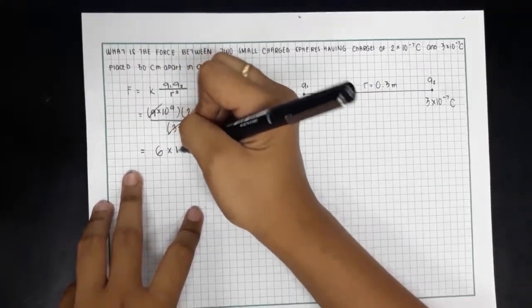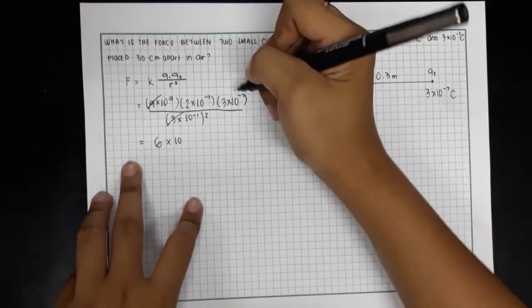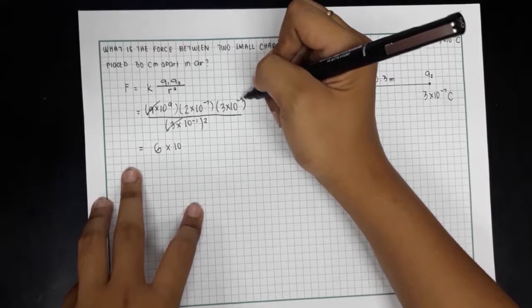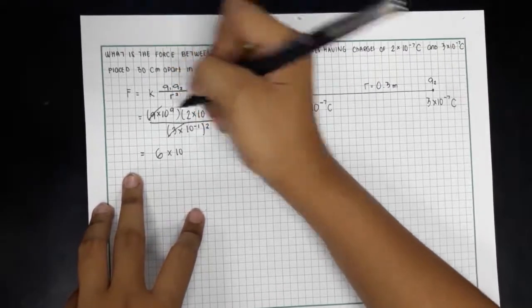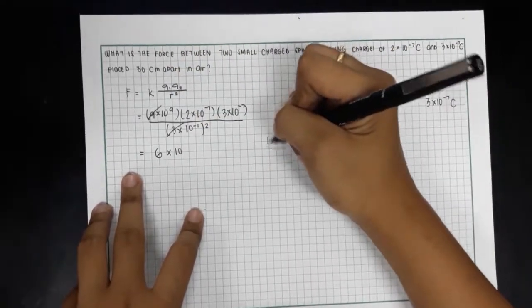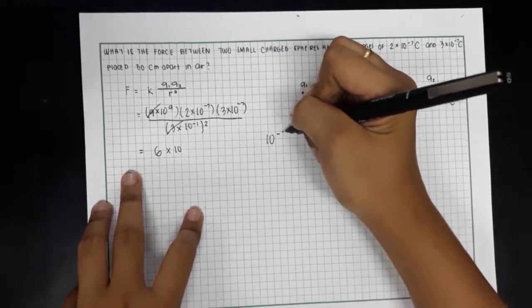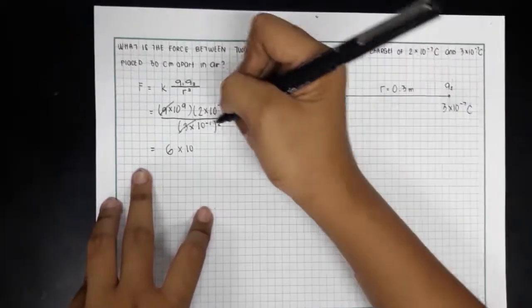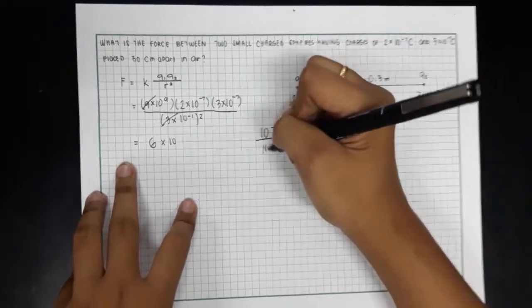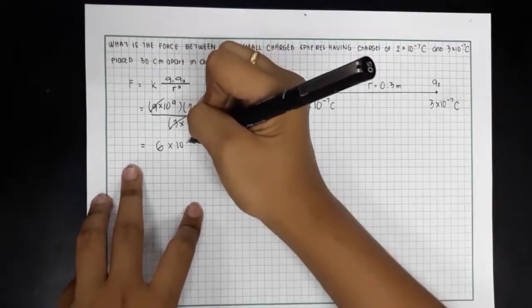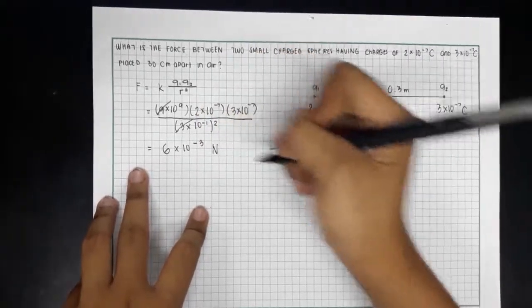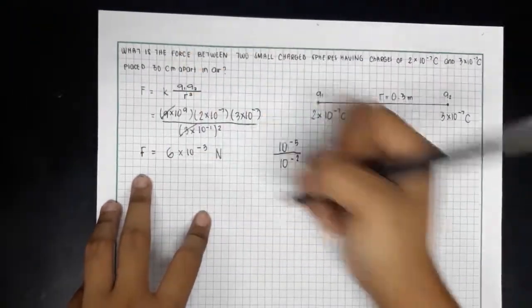Then 10 times 10: negative 7 plus negative 7 is equal to negative 14, minus negative 9 is equal to 10 raised to negative 5. Then divided by 10 raised to negative 2, which is equal to 6 times 10 raised to negative 3 Newton. That is the force.